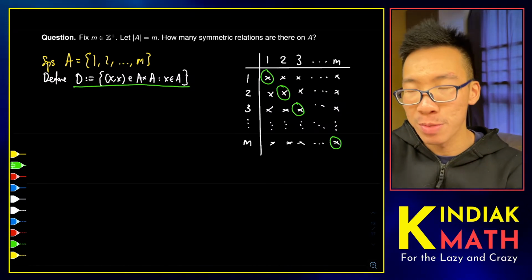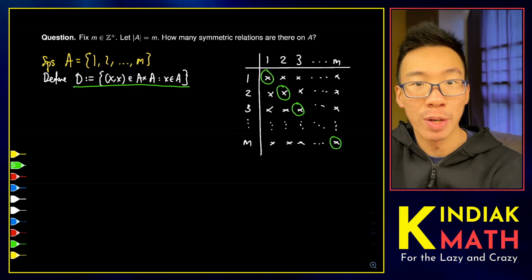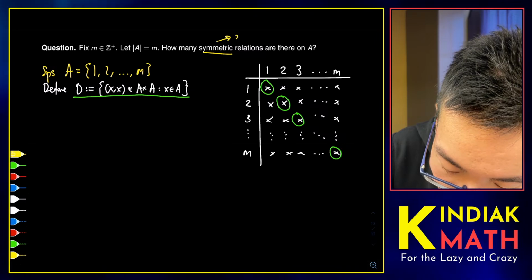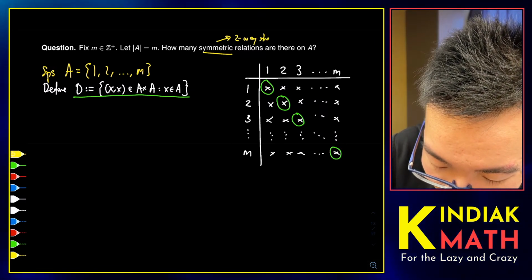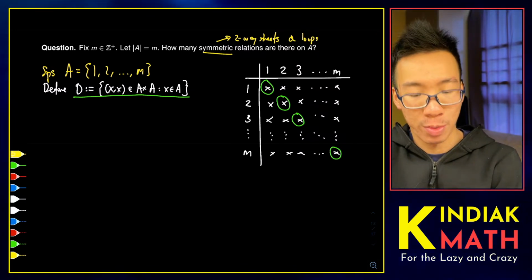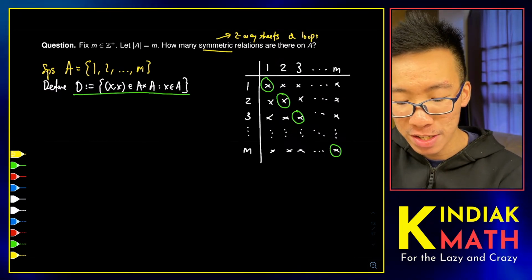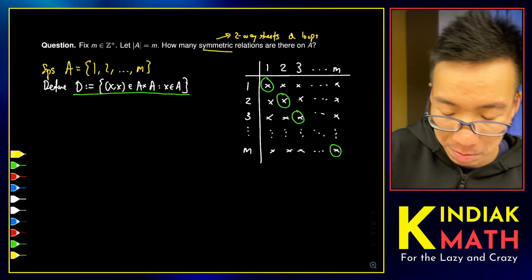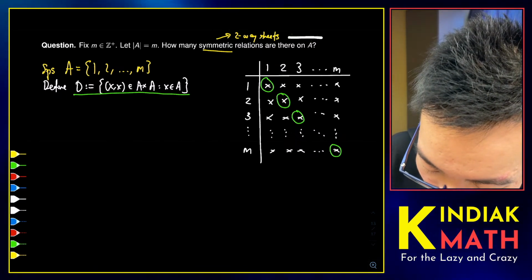Now, symmetric relations, once again, we can visualize as two-way streets and loops. You allow loops as well, right? Symmetric relations means every street is either a two-way street or a loop.